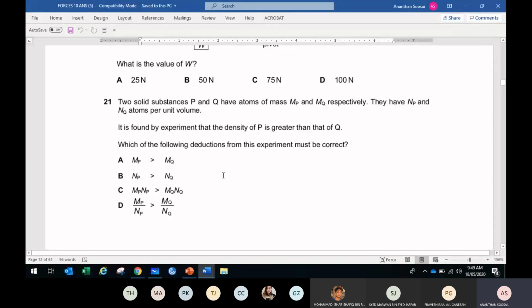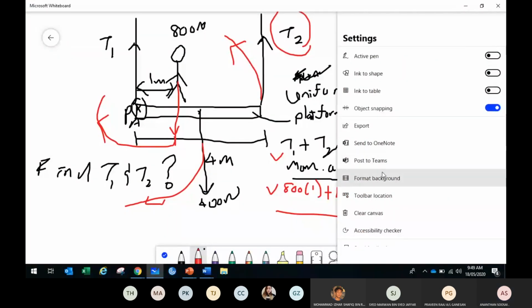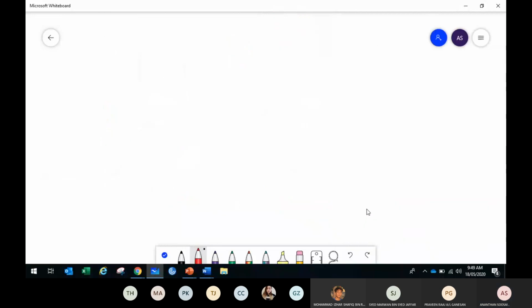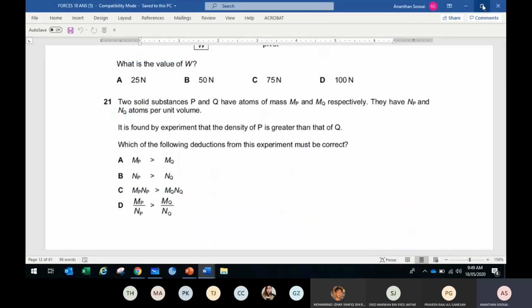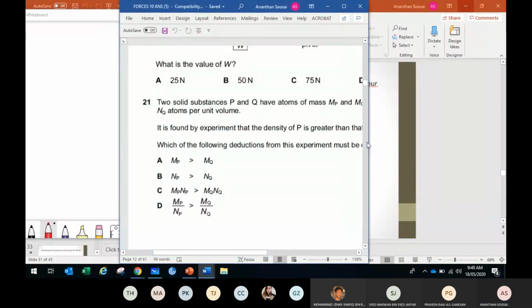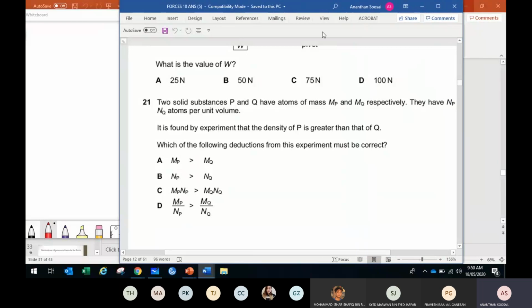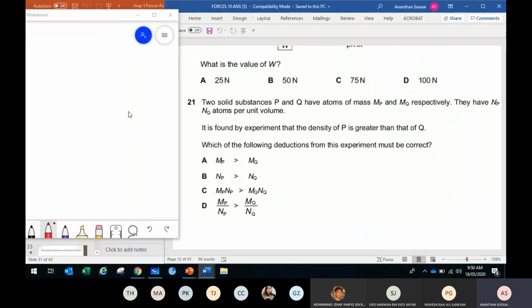So you have to start with the density of P greater than the density of Q. Let me put up the whiteboard so that you can see both together. Okay, so see here.